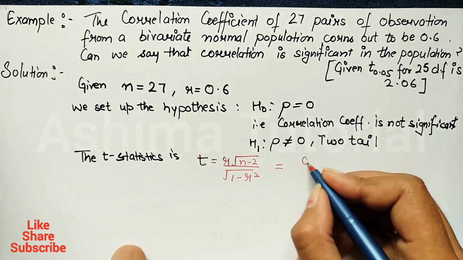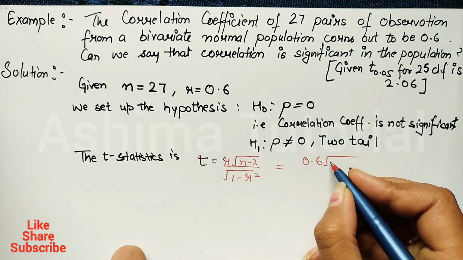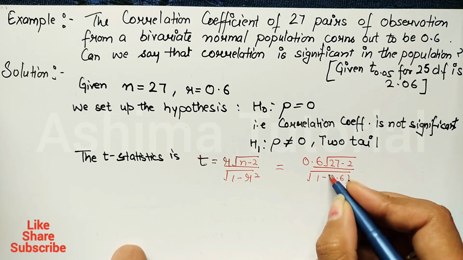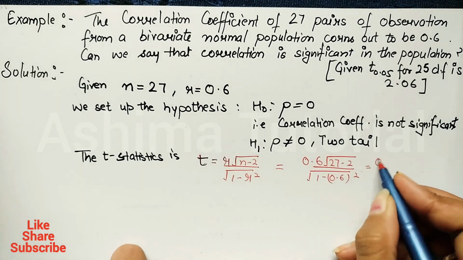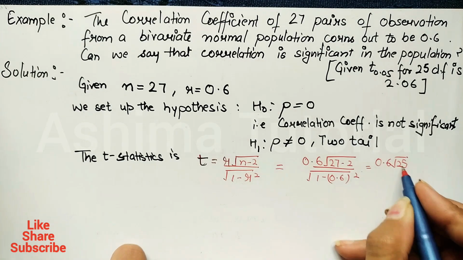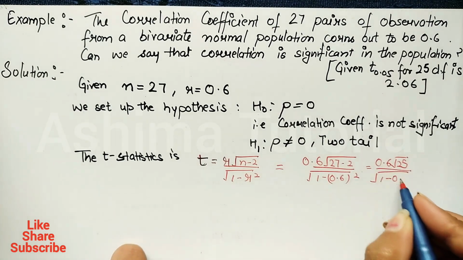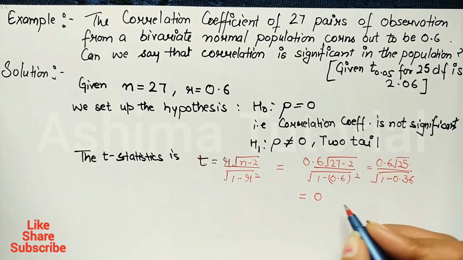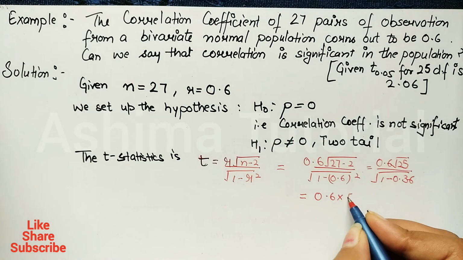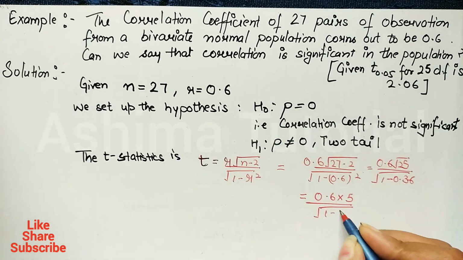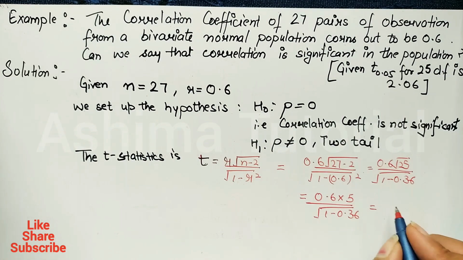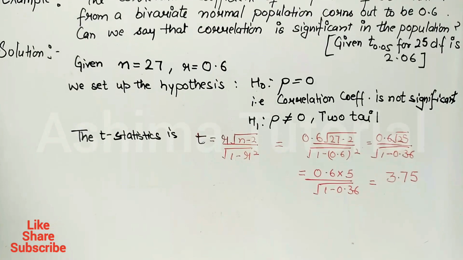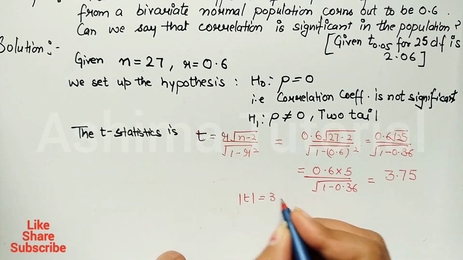Substitute all the values. We get 3.75. Mod t becomes 3.75.